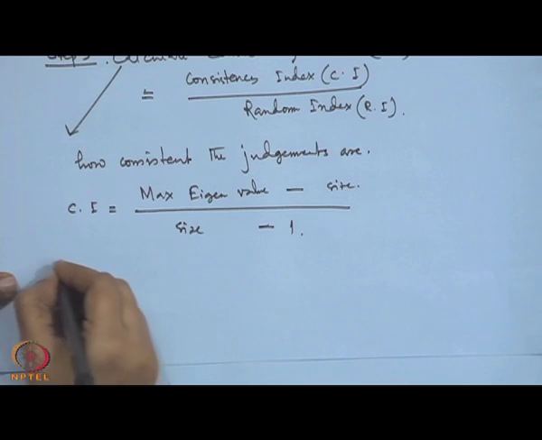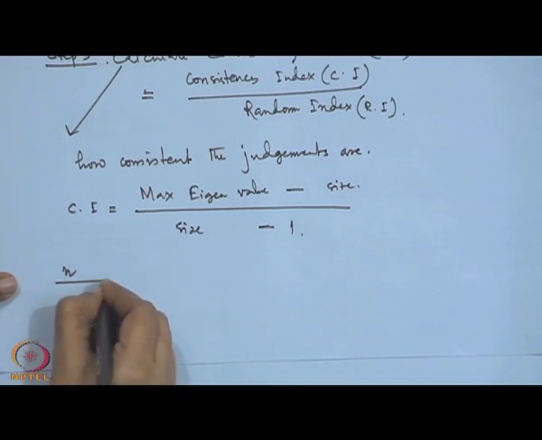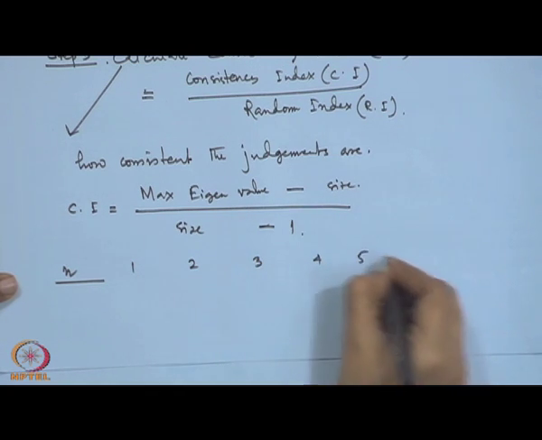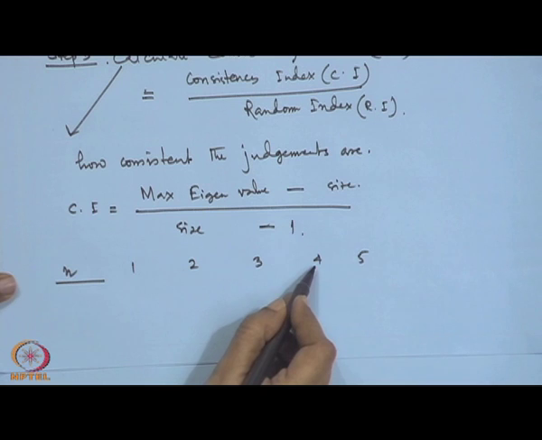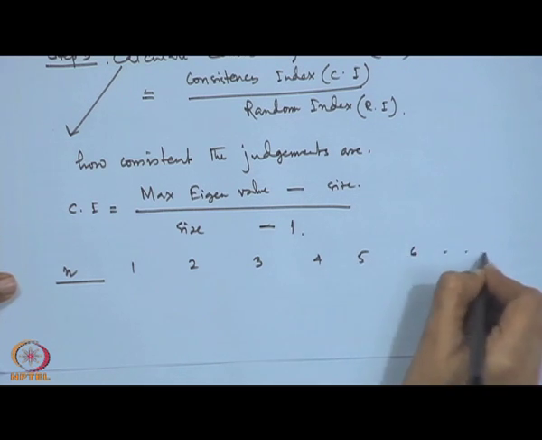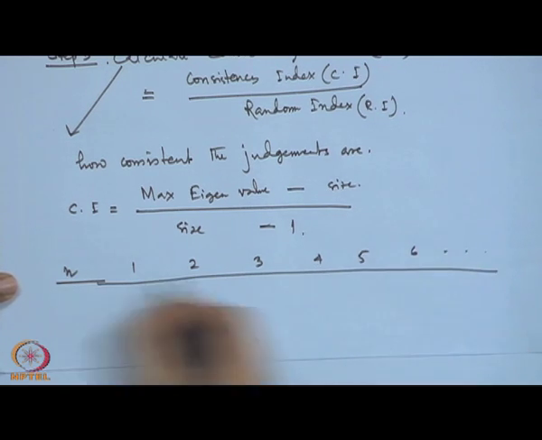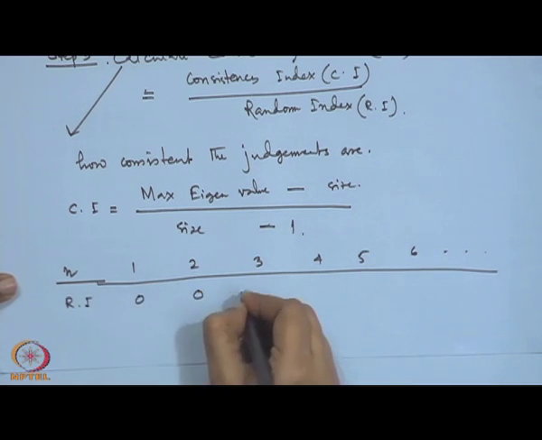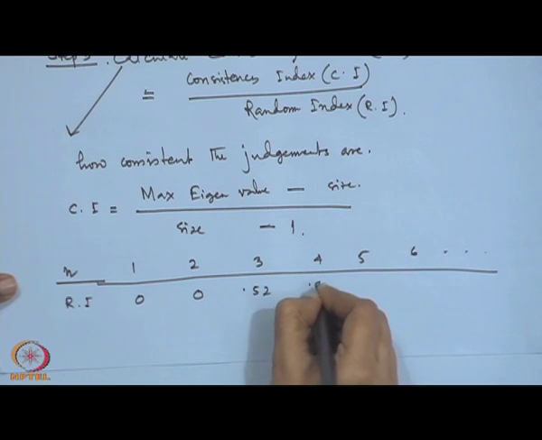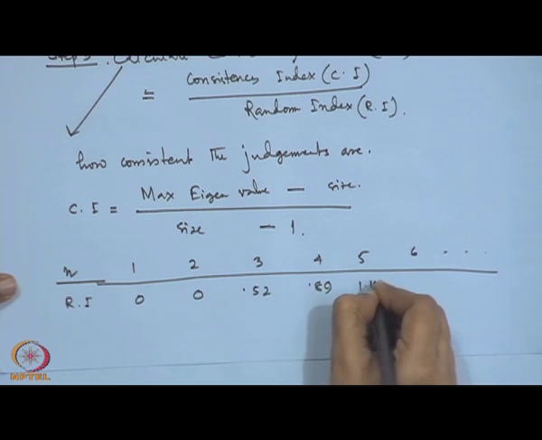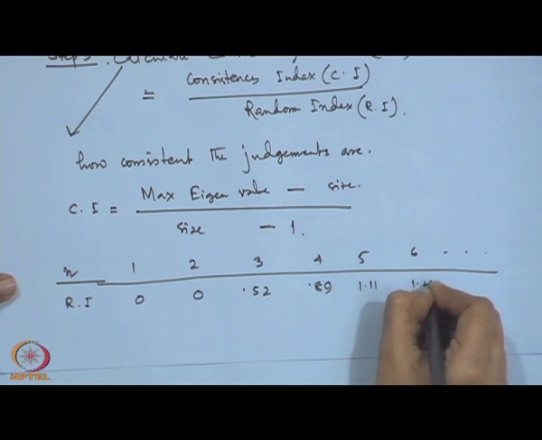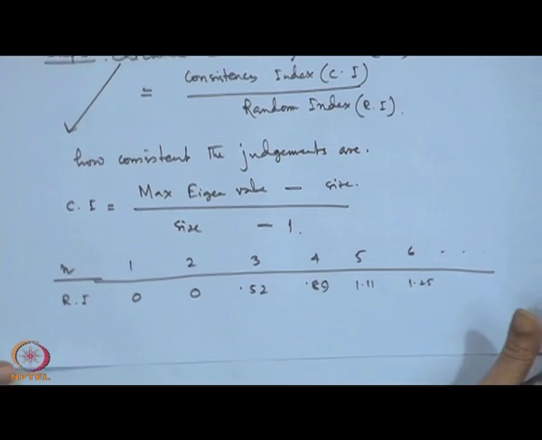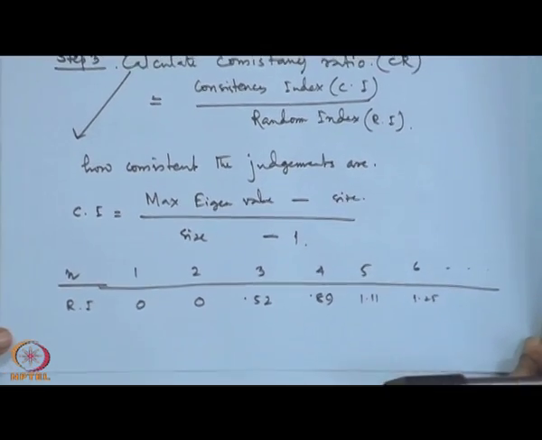If we consider the size of the matrix, that is n is equal to 1, 2, 3, 4, 5, that is 2 by 2, 3 by 3, 4 by 4, 5 by 5, in this way 6, then the random index value would be 0, 0, 0.52, 0.89, 1.11, 1.25, etc. For 7 it is 1.35, for 8 it is 1.4, and accordingly we are proceeding.